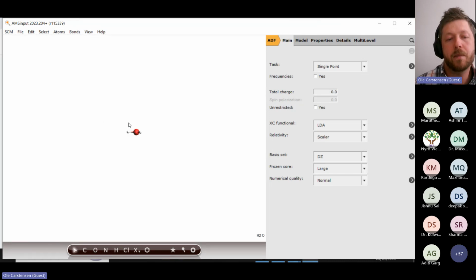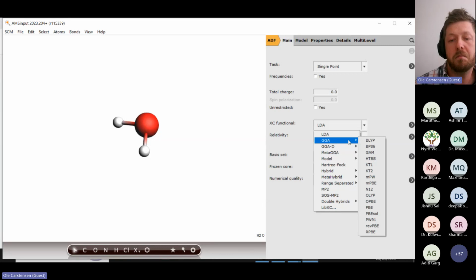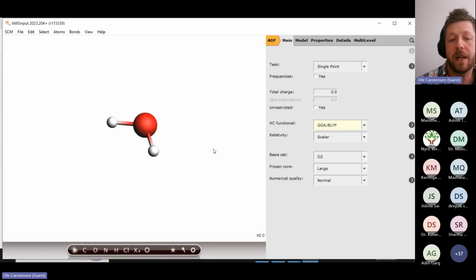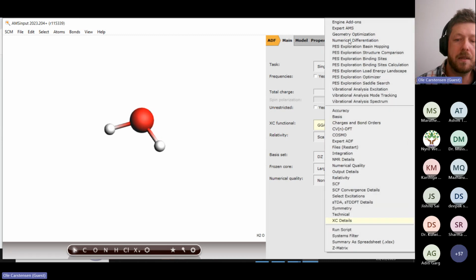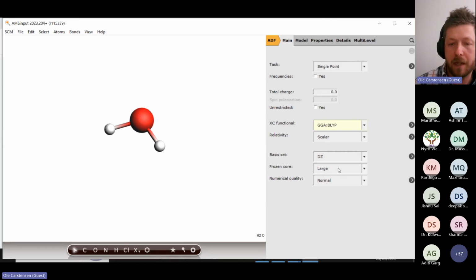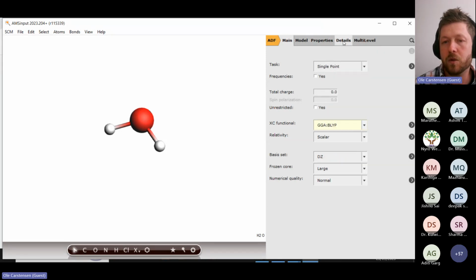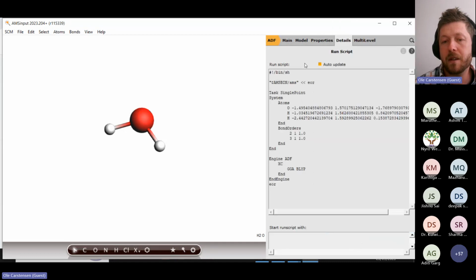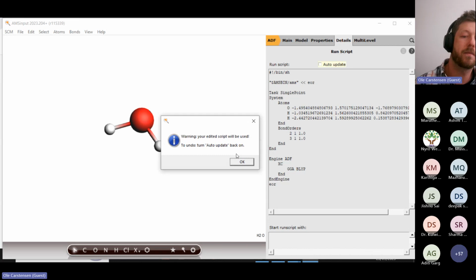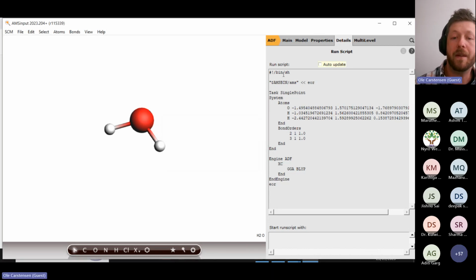So this is the input, and everything that you set up here will of course find its way into the input file. The input file has the extension .run. You can click everything here that you select and click, of course, that's the obvious way, but you can also go to details, run script, and there you will find the run script that is then fed to the actual compute code when the calculation starts.